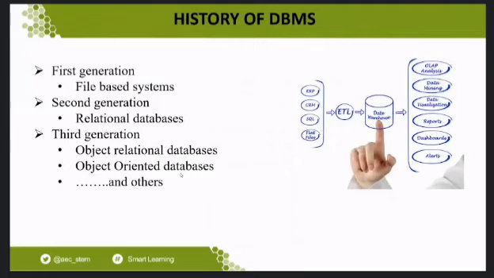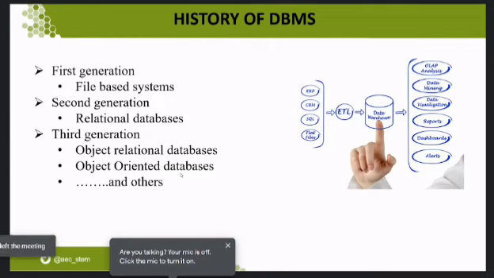Next slide. History of DBMS. It was developed in the early 1960s. In the later 1960s, IBM, International Business Machines Corporation, developed the Information Management System, which is a standard database system used. It stores data in many places.